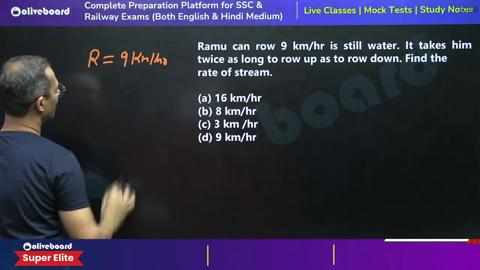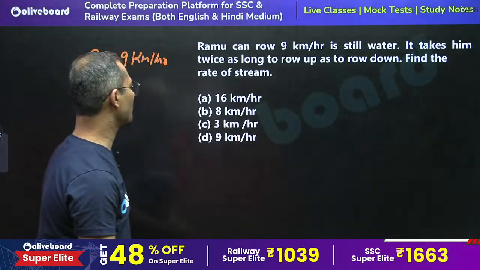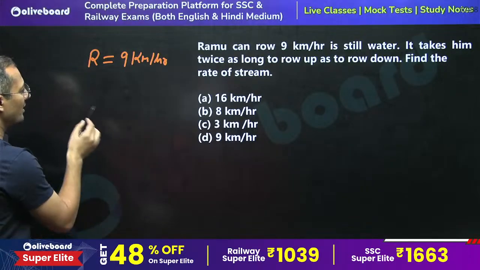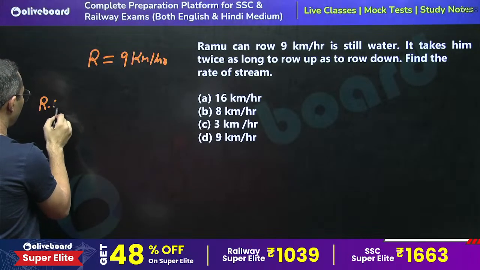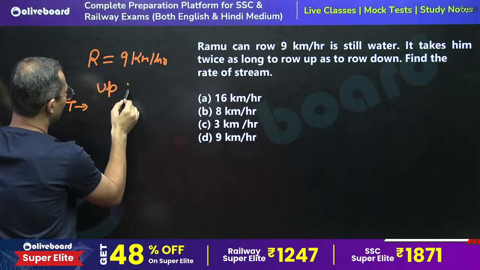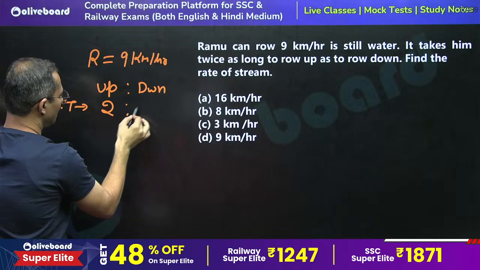So this is the only speed of Ramu. It takes him twice as long to row up as to row down the river. So we have the ratio of time for upstream and downstream, right? He takes twice as long, so 2 is to 1.